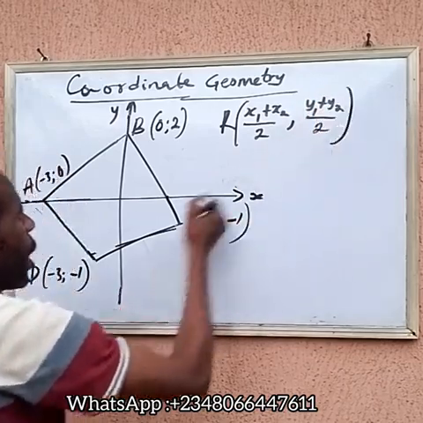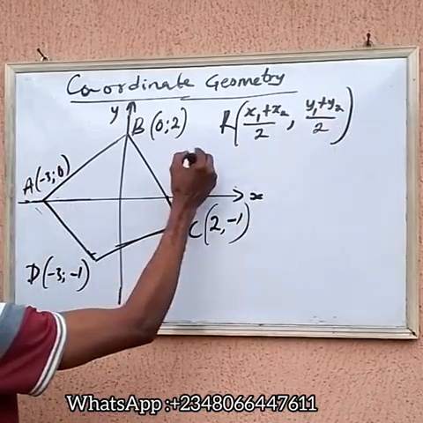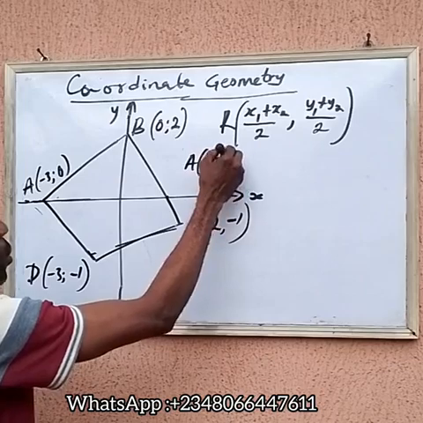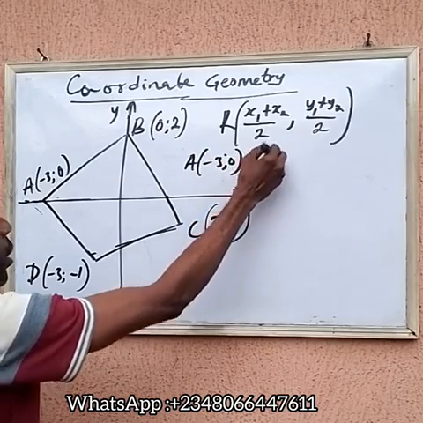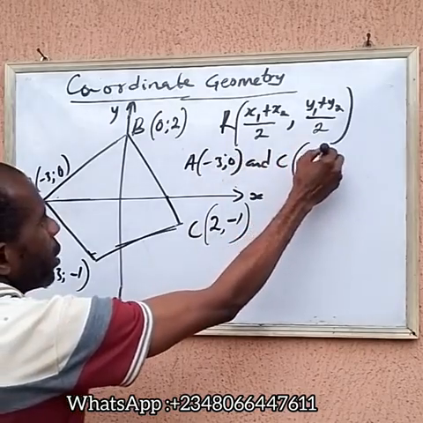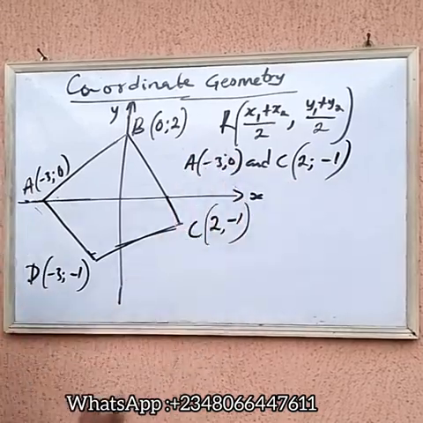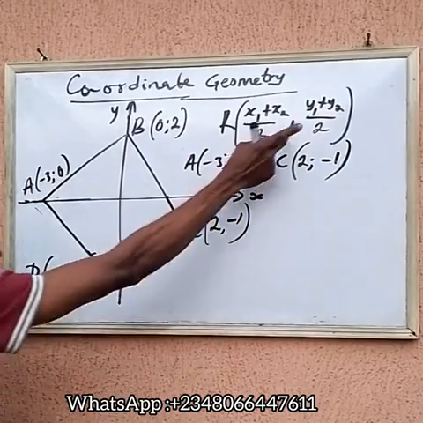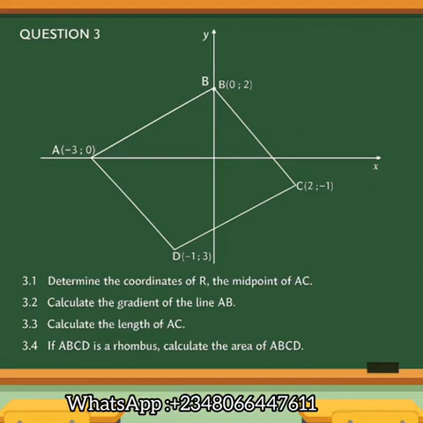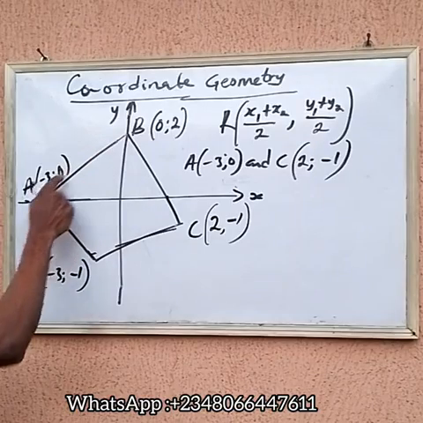It will be between A, which is -3, 0, and C, which is 2, -1. That is for A. We are going to use this formula to get that. Now let's look at B. B says calculate the gradient AB. We have to calculate the gradient, the slope of this line.